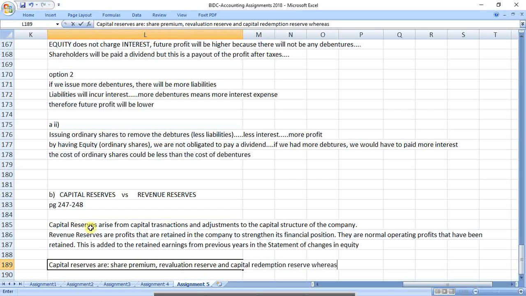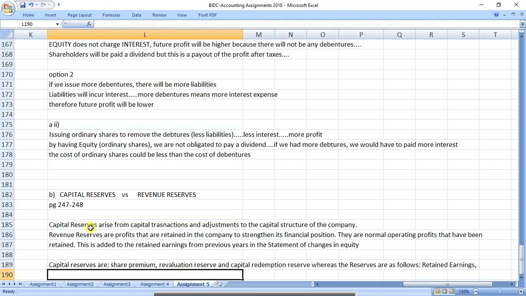Whereas the revenue reserves are, because see, this is the difference, as follows: retained earnings, general reserve, and the last one, non-current asset replacement reserve.